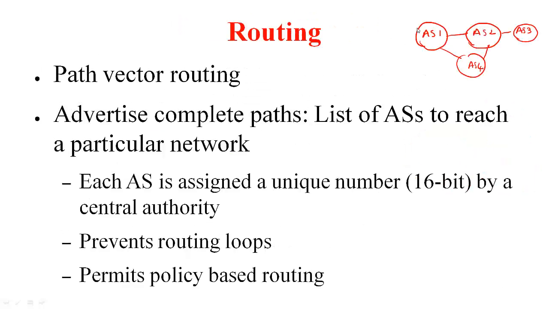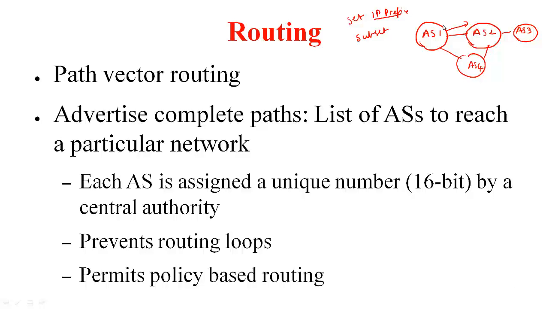Based on the above rules, an autonomous system may know about a lot of IP prefixes. This is a big set, and when it is exporting, it may export only a subset of these IP prefixes. Let's look at one specific IP prefix that it has exported. The same logic will apply to other IP prefixes as well.